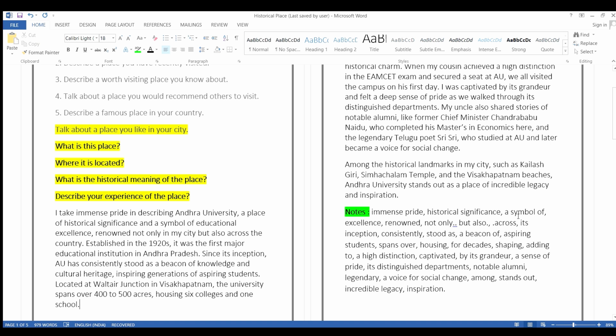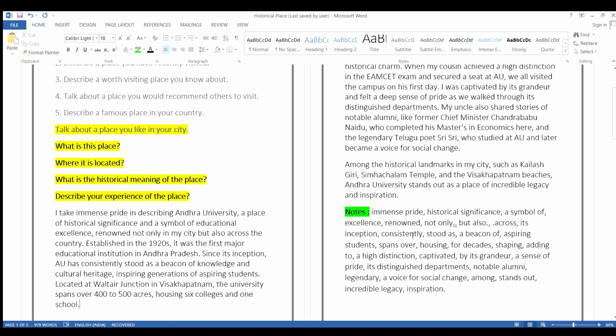A symbol of excellence. For something which is perfect, we use the word excellent. Renowned, which is famous. Not only but also. Trying to make the sentence a little complex. Across, a good preposition to use. Its inception, that is from its beginning.